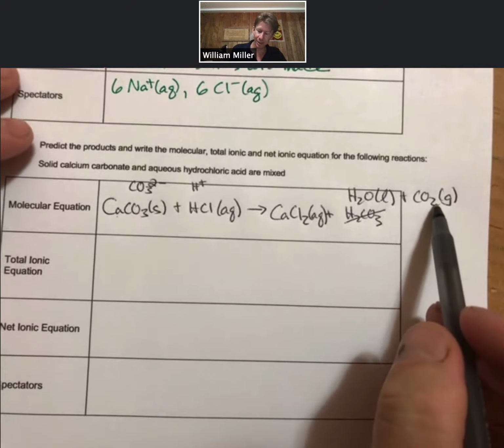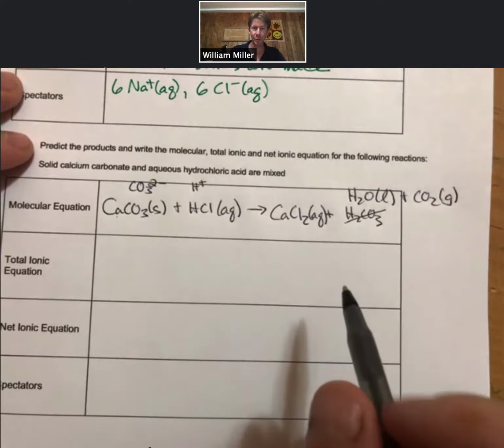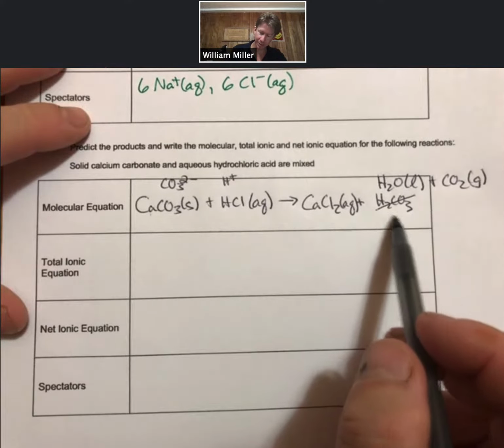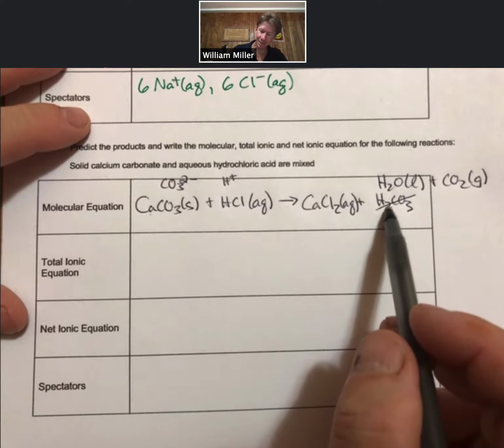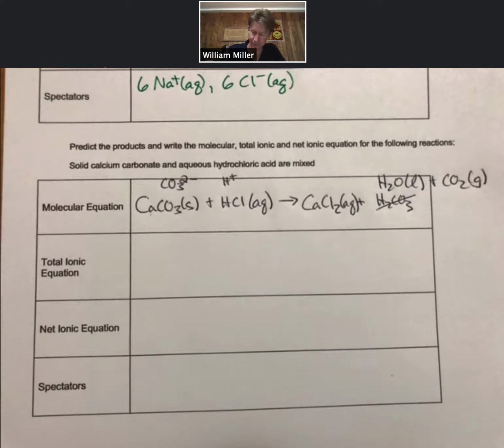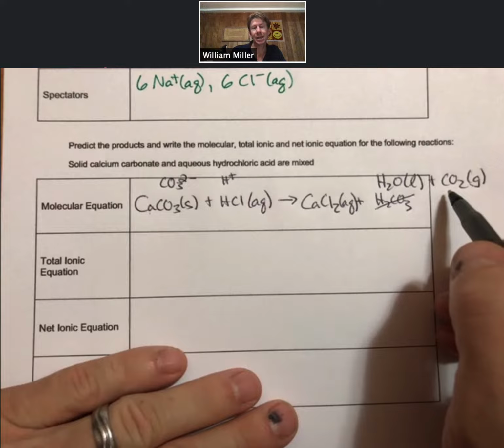And if we did this reaction in class, or if you Google it, you'll see gas bubbles form. So that's our evidence that even though our product is listed as carbonic acid, it breaks down spontaneously into H2O and CO2, carbon dioxide. And CO2 is also the gas in carbonation.